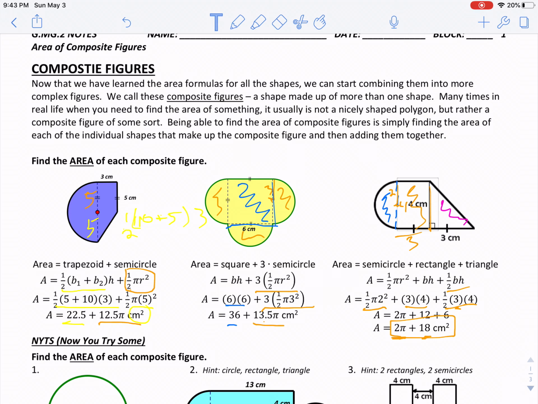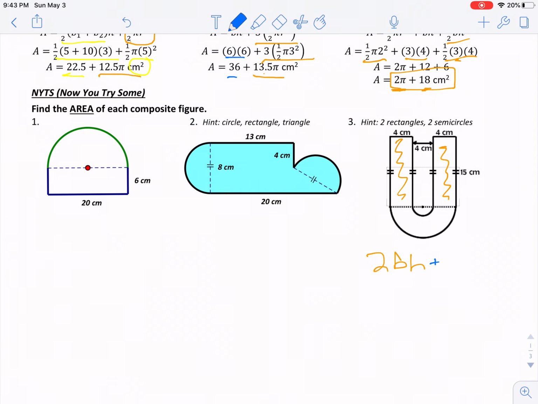Then I'm going to add, well, I have a semicircle here, so 1/2 pi r squared. But the small part down here actually is cut out. So then I need to subtract the area of that smaller semicircle.